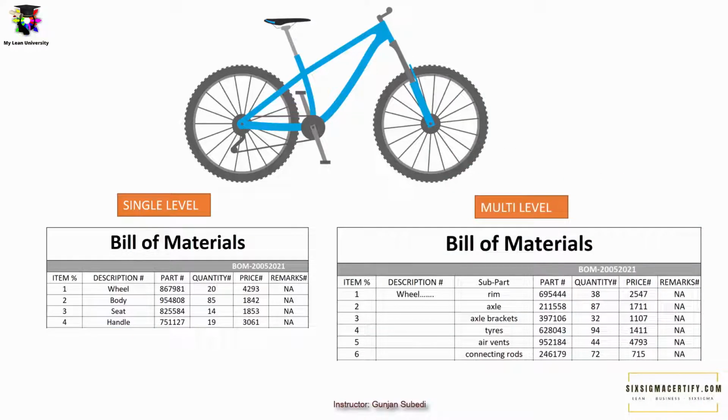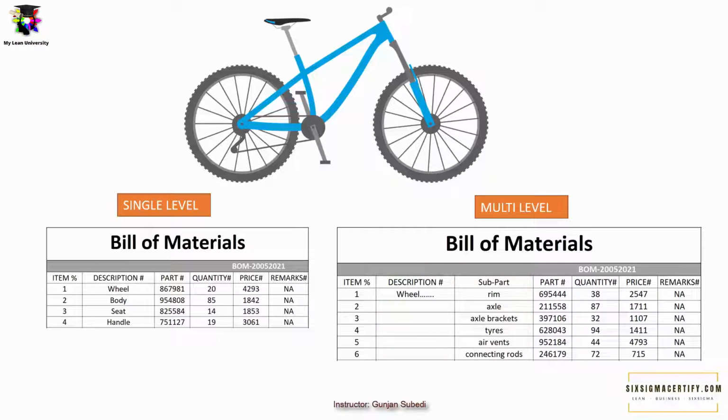At multi-level, these parts could be more subdivided. It contains more details of requirements. For example, the wheels could have rim, axle brackets, tires, air vents, gears, and connecting rods.